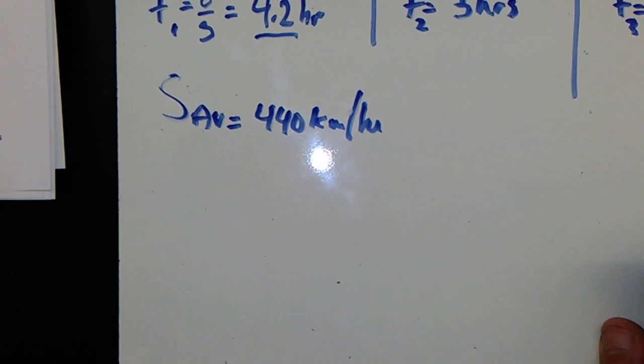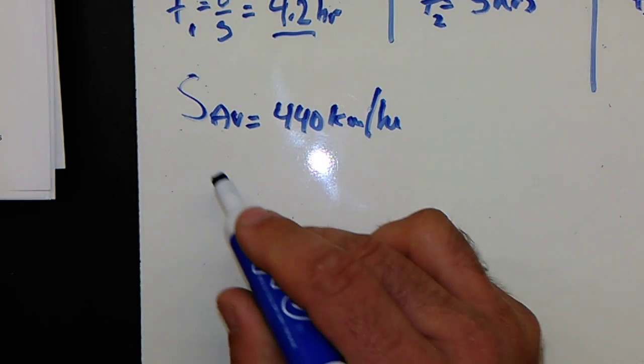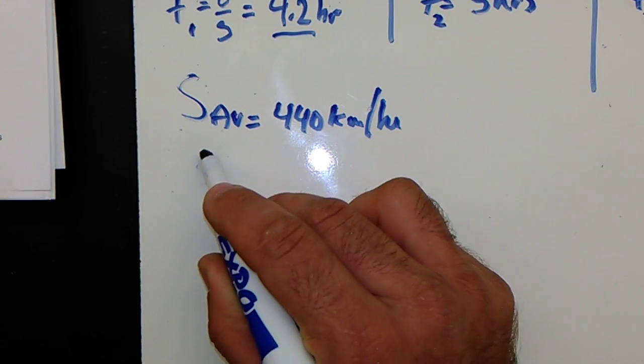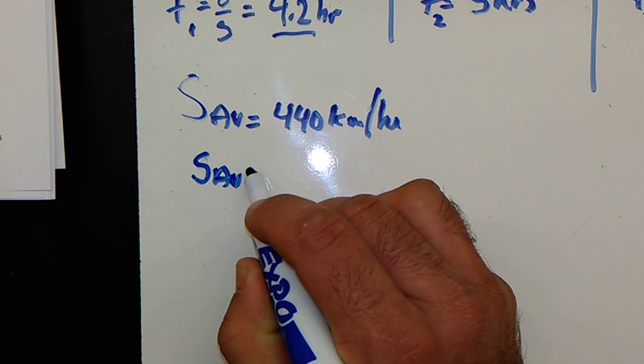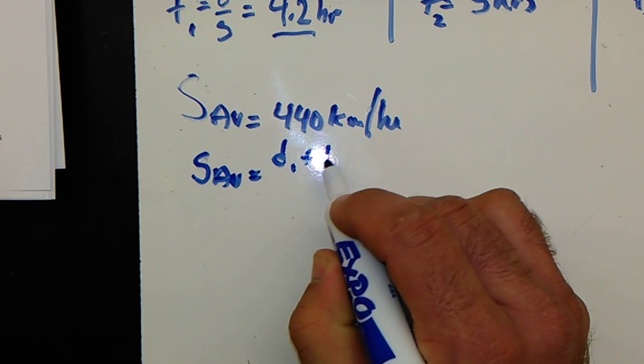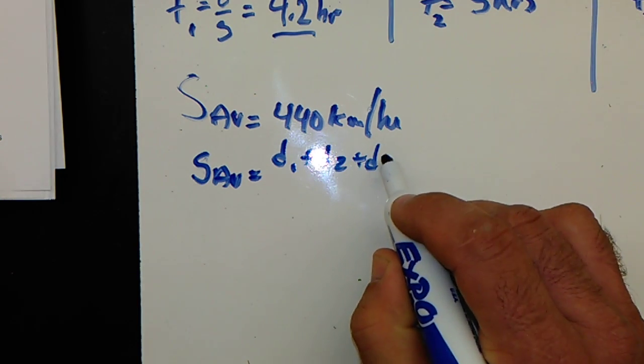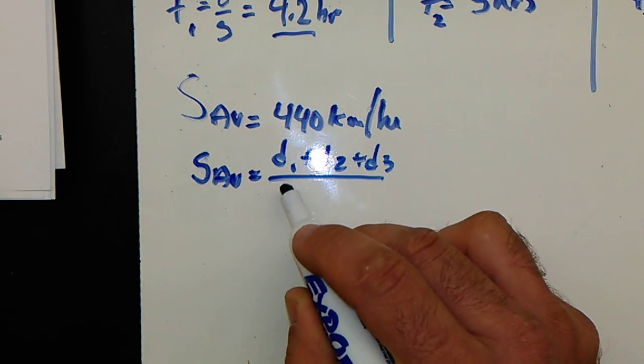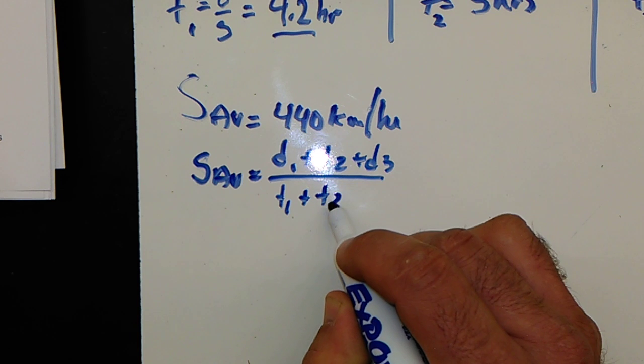So we know that the average speed equals d1 plus d2 plus d3 over t1 plus t2 plus t3.